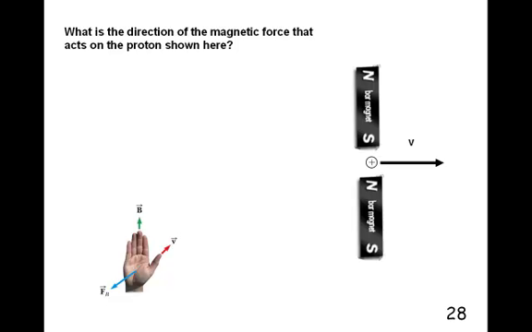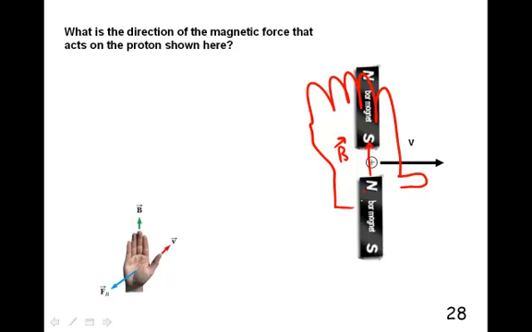So if you put your thumb in the direction of the velocity, put your thumb this way, and then your fingers are in the direction of the magnetic field, then your palm is pointing out of the page, isn't it? So the force on this particular charge would be pointing out of the page. So that's how we get the force when we know velocity and the magnetic field.